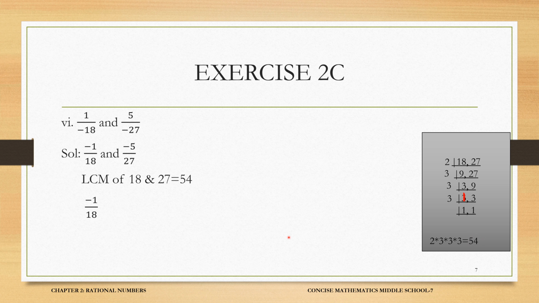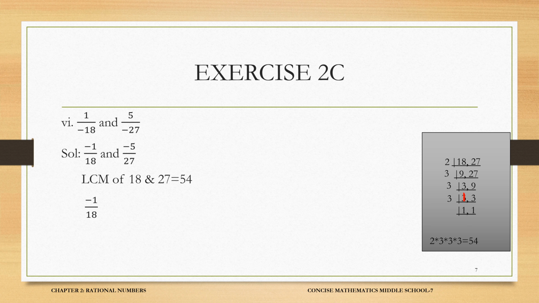Just take the first rational number, that is minus 1 by 18, and to make this 18 into 54, right? If it is difficult for you to find out with which number you have to multiply, look here children, it is very easy. See 18, right? Here the denominator is 18, right? Here I'm just underlining the number.